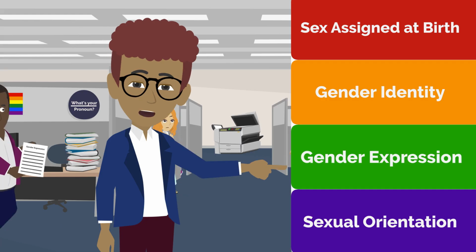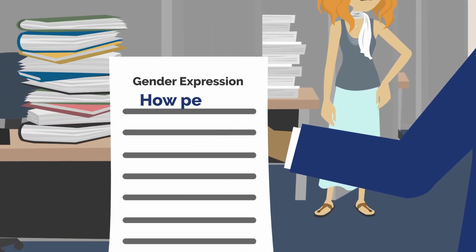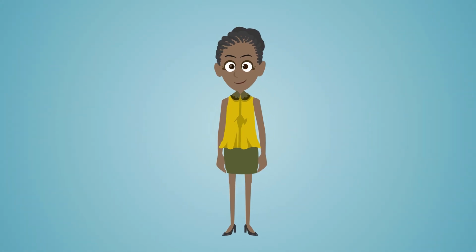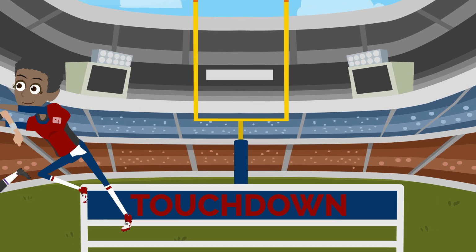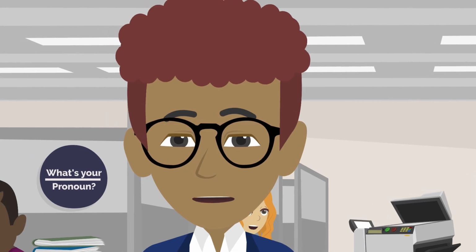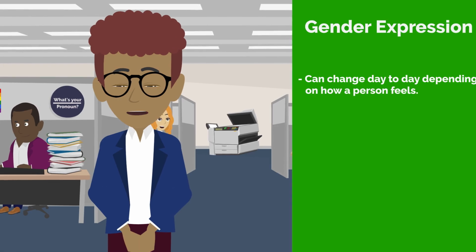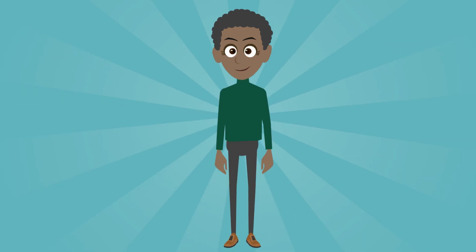The next term you will want to know is gender expression. Gender expression describes how people express their gender externally. This could be through clothing, hobbies, mannerisms, or hairstyles. Gender expression and the expectations around expression have changed over time, and they may change day to day depending on how a person feels.